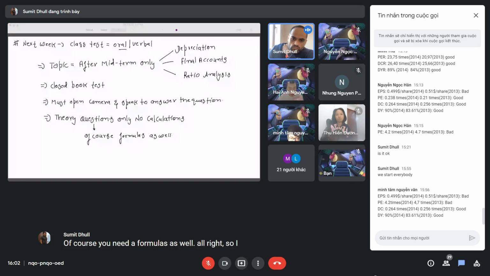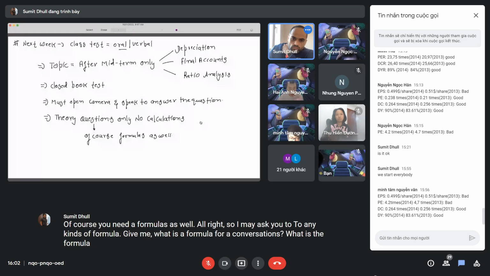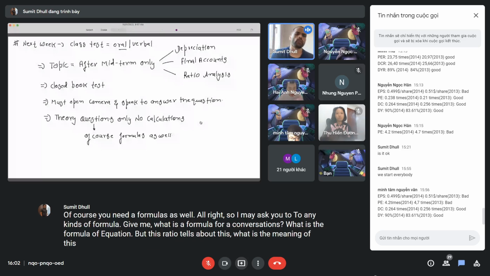So I may ask you any kinds of formula. Give me what is the formula for current ratio, what is the formula for quick ratio, what this ratio tells about this, what is the meaning of this ratio, what is the meaning of that ratio, this ratio is high, is it good, is it bad, why it's good, why is it bad.